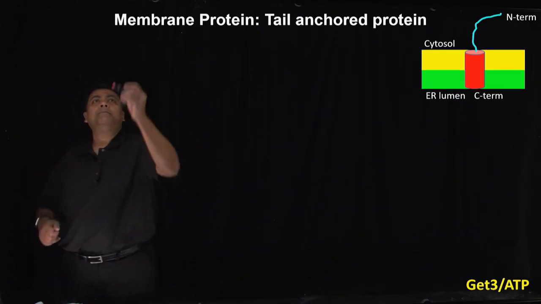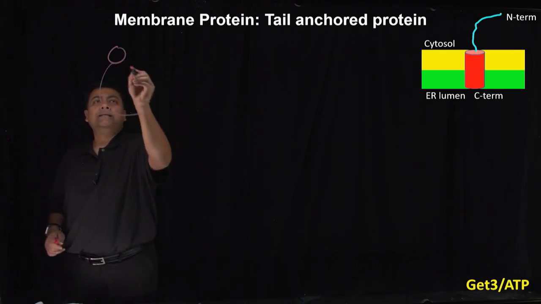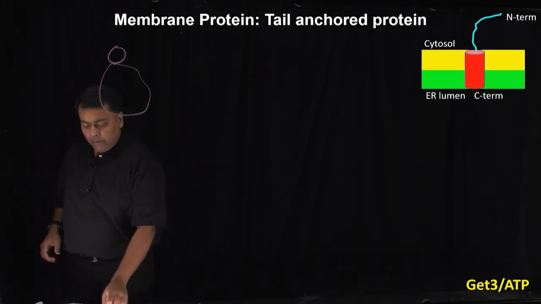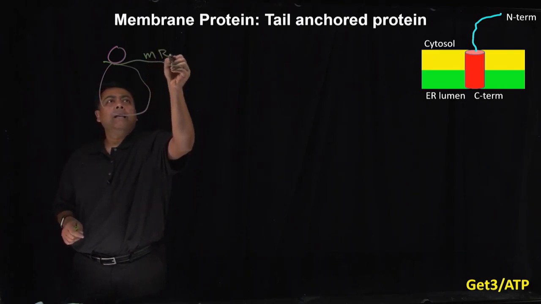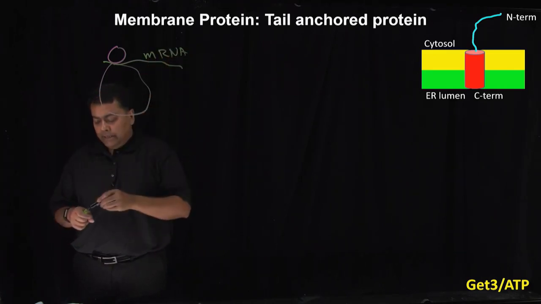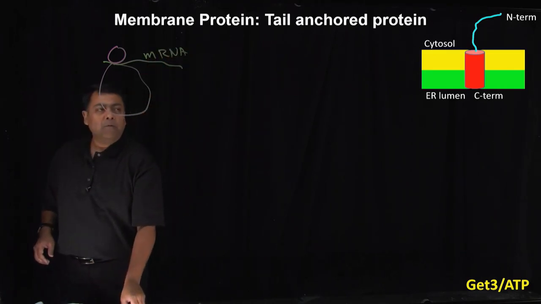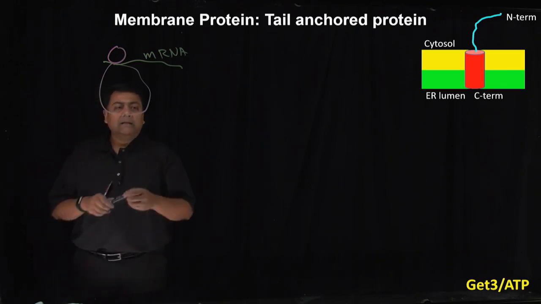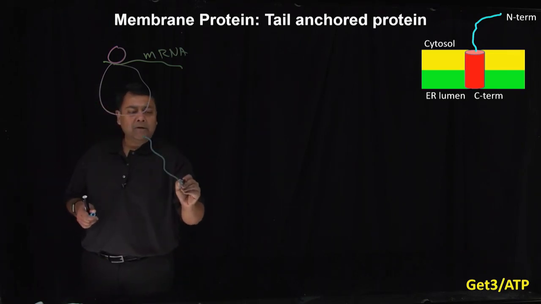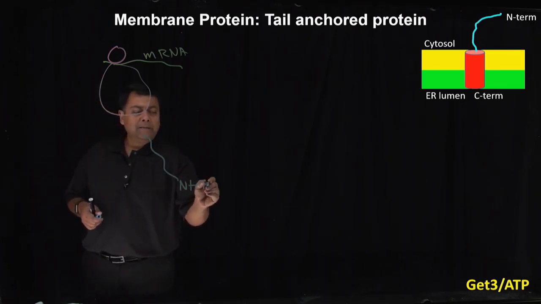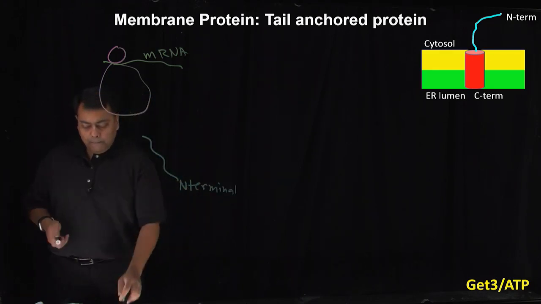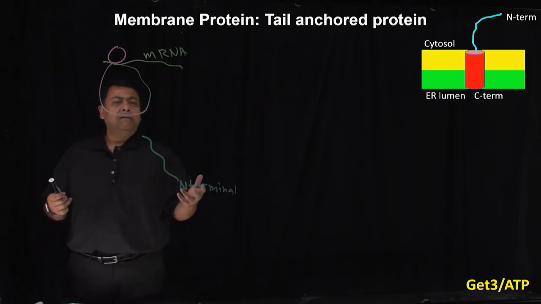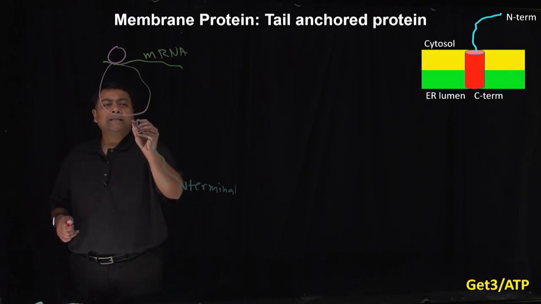So the main problem for this synthesis is the signal sequence. Right here you have the mRNA, and the ribosome is reading the mRNA. But the problem is that this is the N-terminal, which is being synthesized by the ribosome and coming out, but the signal is all the way in the C-terminal.